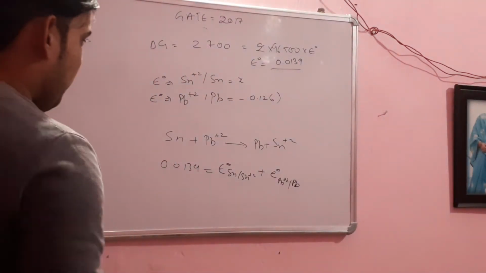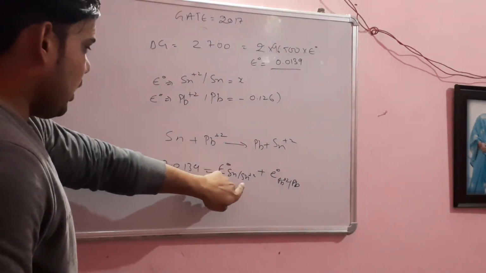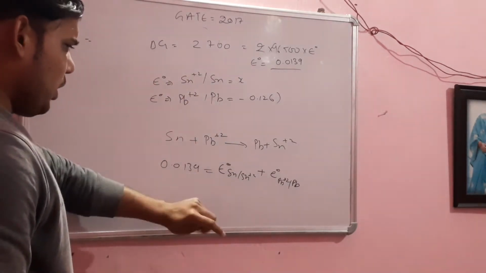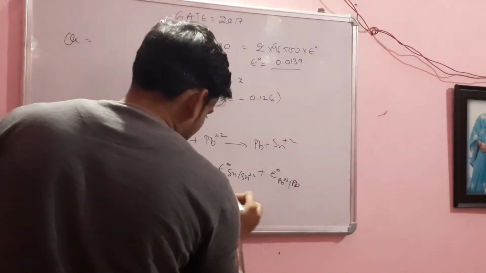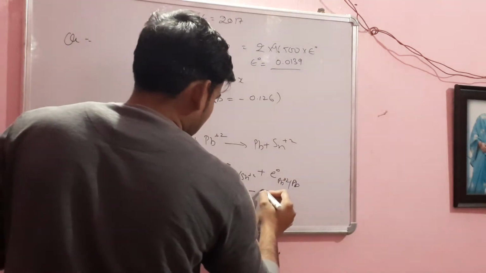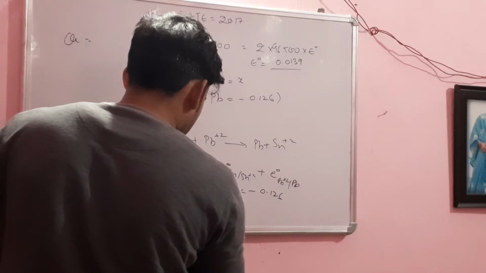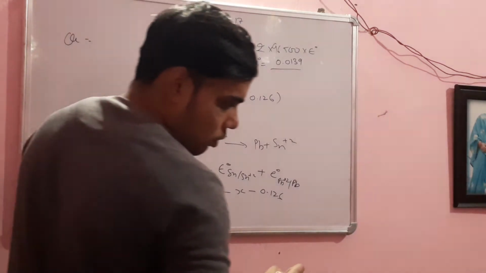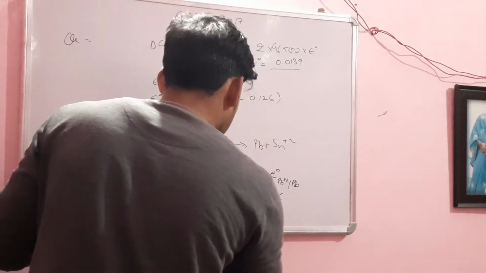So we need to find out about this Sn to Sn plus 2, which is not exactly equal to this, but you know this value will come out to be your X. And this you already know is 0.126, and if you calculate it, this is very simple math, X will come out to be minus 0.1399.